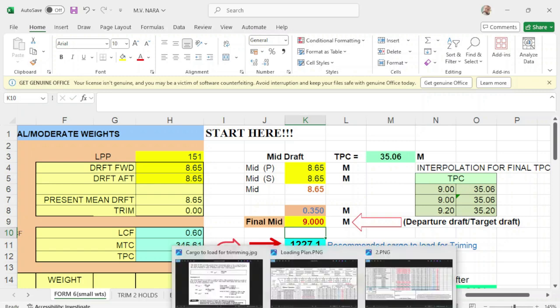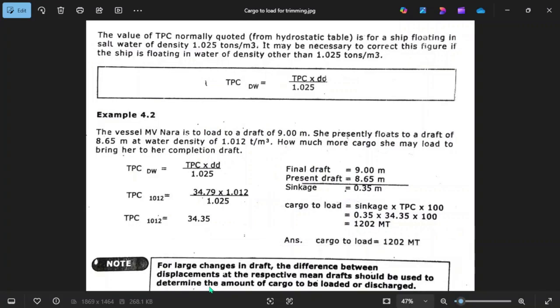Look, guys, the formula according to the problem, what you are using now is this TPC, so we convert this TPC to the dock water of 1.012 with this formula. So TPC of 34.79 times 1.012 over 1.025. So your TPC will be 34.34.